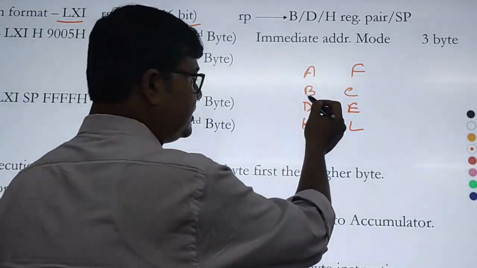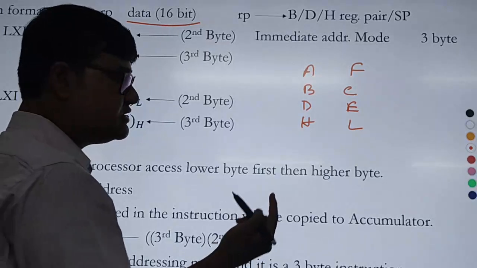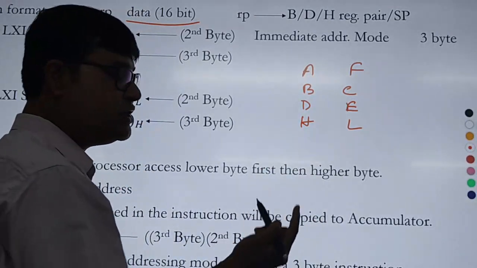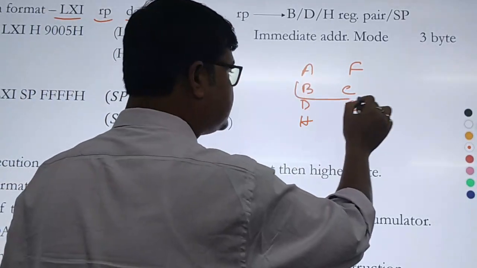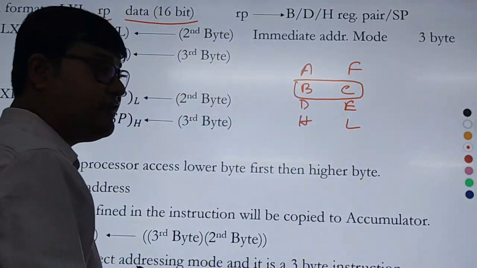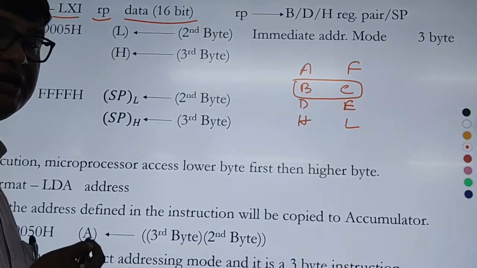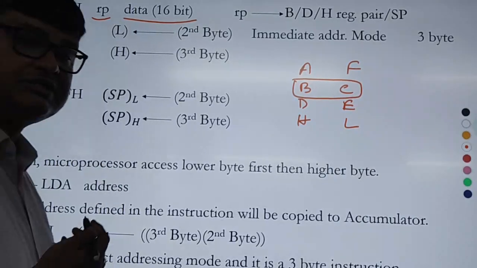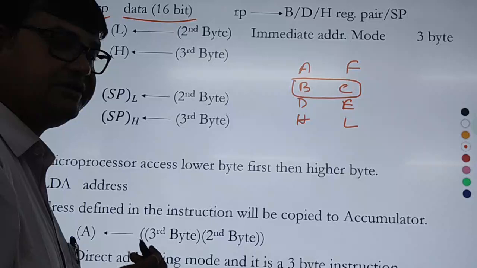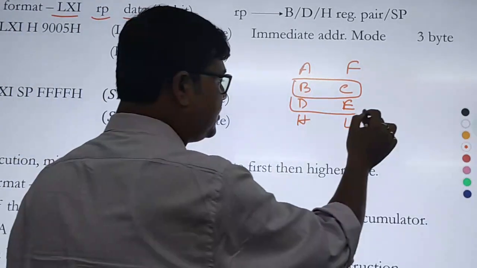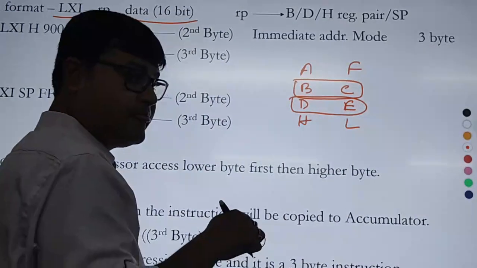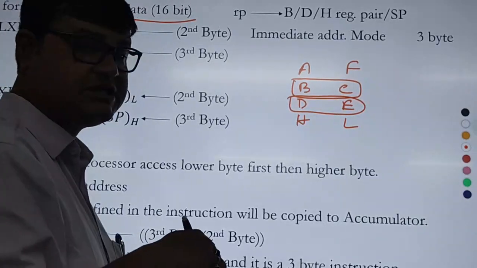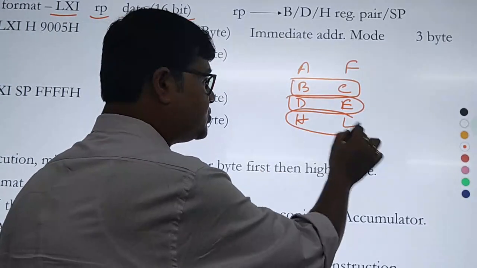Here B is an 8-bit register, C is an 8-bit register individually, but whenever you consider B and C simultaneously, it is defined as register pair B. Whenever we take register pair B in programming, we can load 16-bit data into it very easily. Similarly, D and E can be considered simultaneously to define register pair D, as well as H and L.